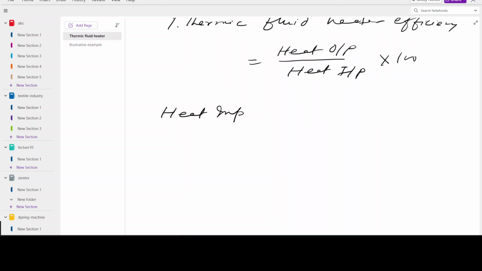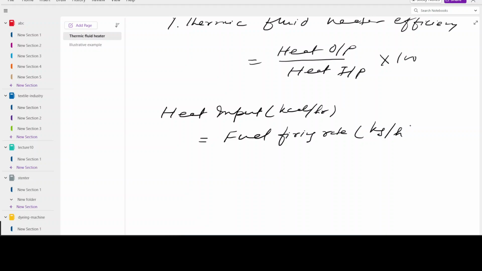Heat input, kilocalorie per hour, this is the unit. This is equal to fuel firing rate, how many fuel is getting fired per hour, and gross calorific value of fuel, this is in kilocalorie per kg.